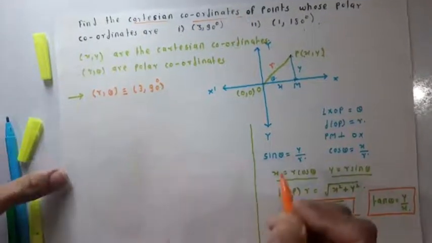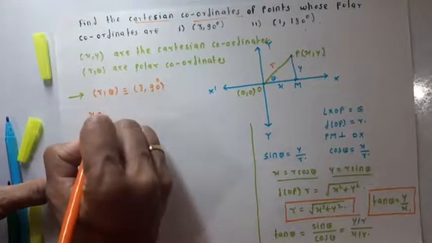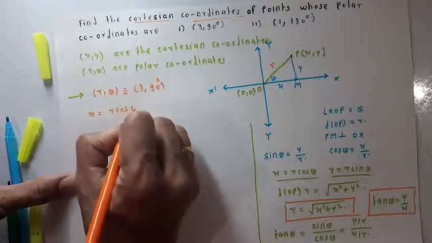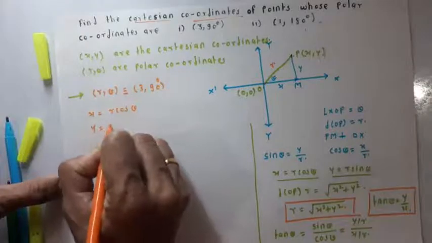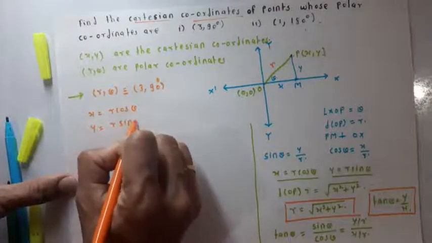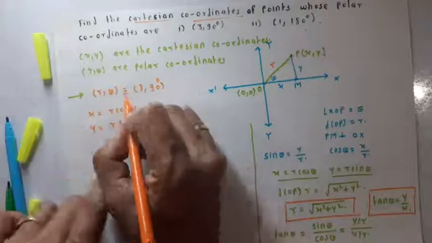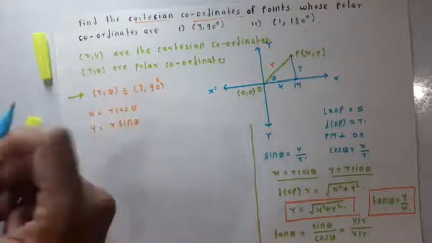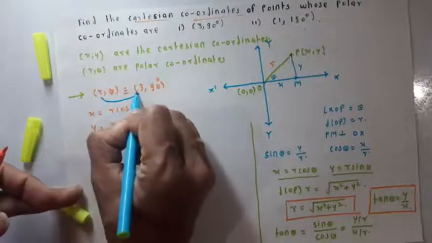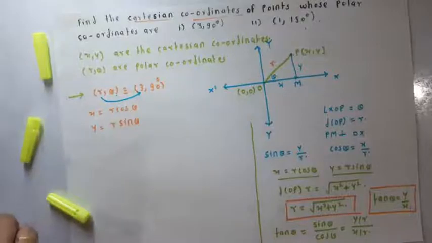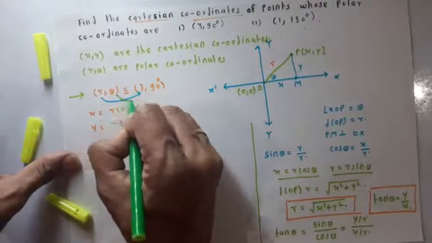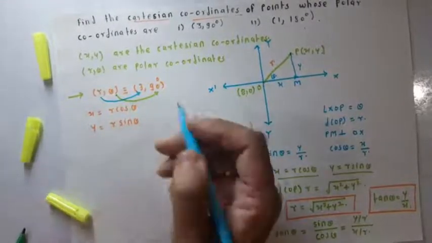As we know the relation, x equals r cos theta and y equals r sin theta. So what is the value of r here? r equals 3 and theta equals 90 degrees.